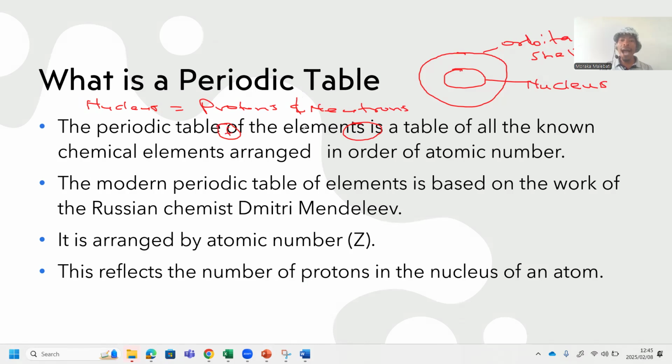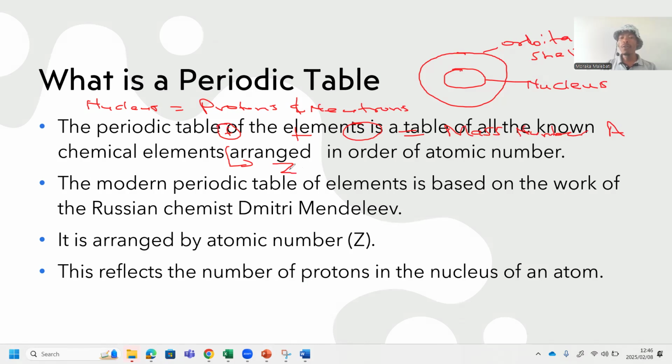But if you combine these protons and neutrons, they're going to give you the atomic mass number A. And only the number of protons, which is Z, gives you the atomic number.